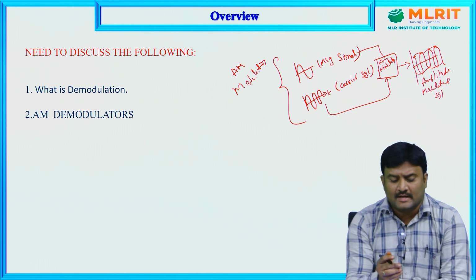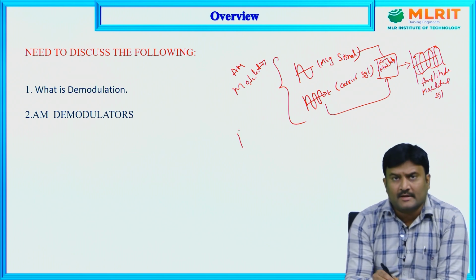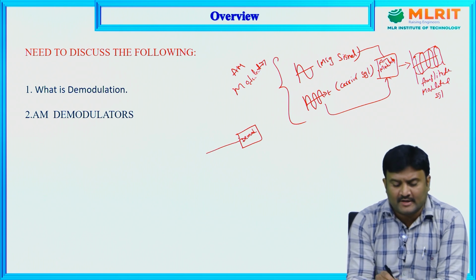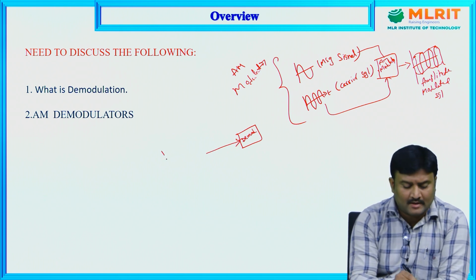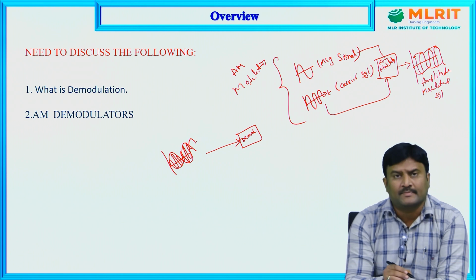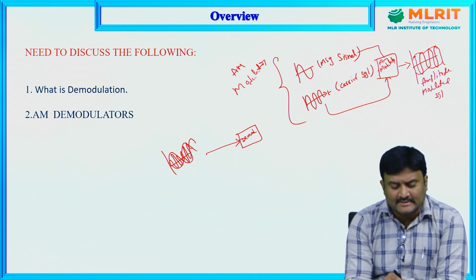What is that? Remember, here I am taking a demodulator. The input of the demodulator is the amplitude modulated signal. Then this amplitude modulated signal goes to the AM demodulator.